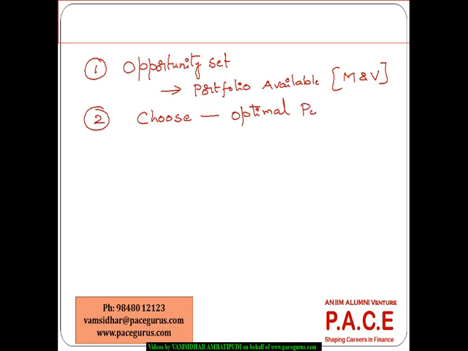And this is called optimal portfolio selection. So any portfolio analysis typically consists of these two steps. First, I need to identify which securities and portfolios are available, and out of all those portfolios that are available, how do I choose the one that is typically the best?